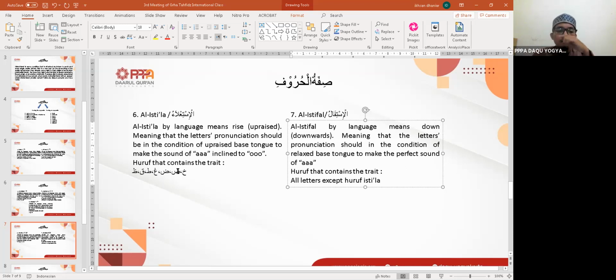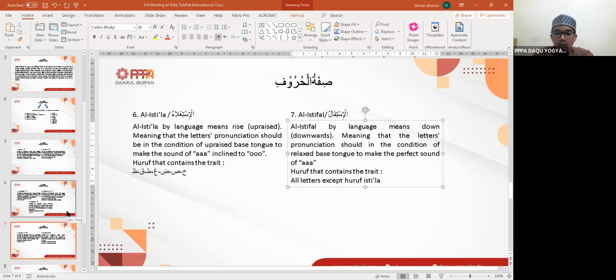So except these 7 huruf, all are included in al-istifal. For example, ba. It's not ba, that's incorrect. Ba. You have to make a perfect sound of ah. It's not oh.